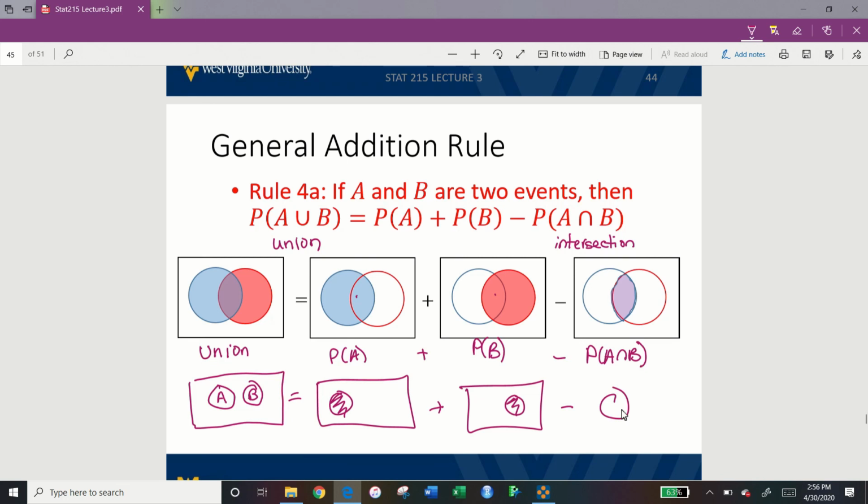I hope that made sense. Again, when we have two disjoint or mutually exclusive events, there's no overlap, there's no intersection. So that means the intersection is equal to 0, which is why previously our old rule was just the probability of A plus the probability of B.